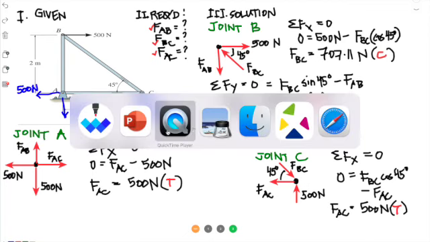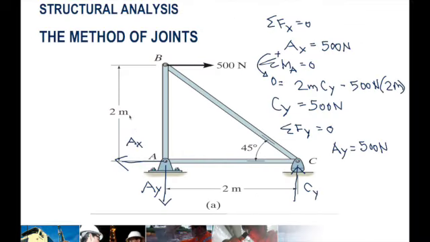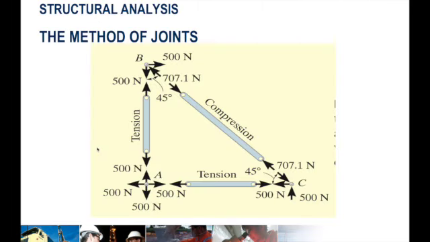Okay, going back to our slide. Based on our calculations, these are the values of the forces. So FAC is in tension, FAB member is also in tension, and FBC is in compression.